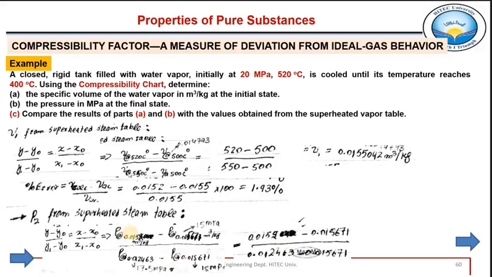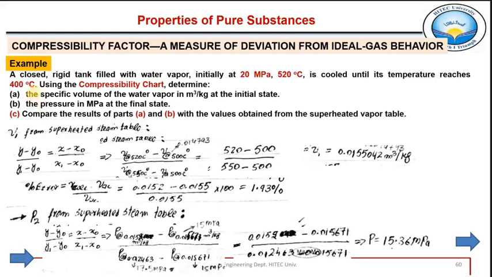So here we have P unknown minus 15 megapascal, divided by 17.5 megapascal minus 15 megapascal, equal to the volume ratio. The only unknown is the pressure at this volume. That comes out to be 15.36 megapascal. Now we have calculated both parts A and B using the superheated steam table.